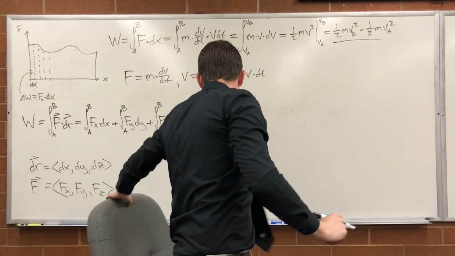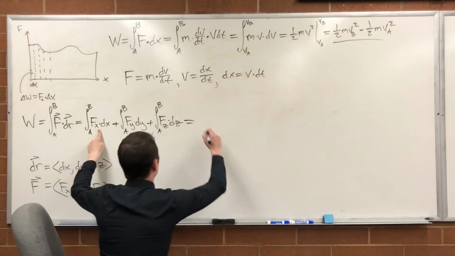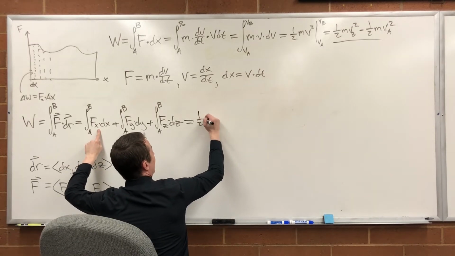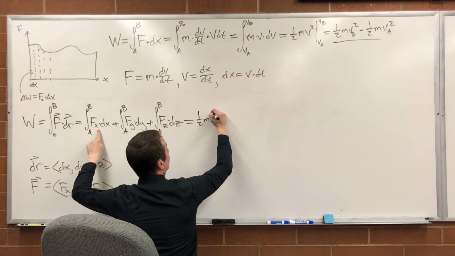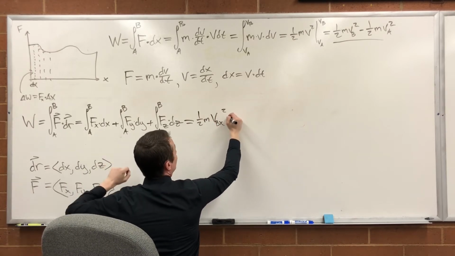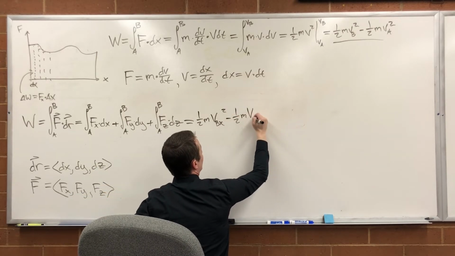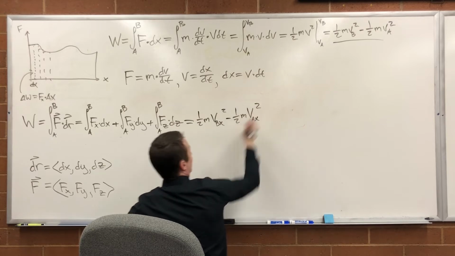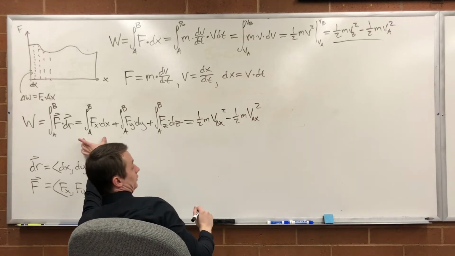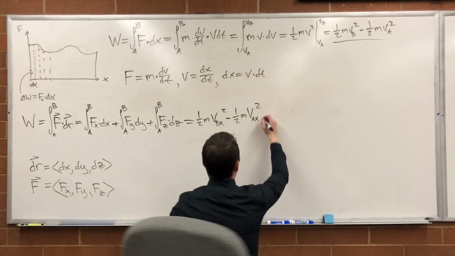So in other words, when I calculate this integral, what am I going to get? I'm going to get 1/2 m v_B in the x direction squared minus 1/2 m v_A in the x direction squared. That was calculating the first integral. And then you do the same thing for the y's.